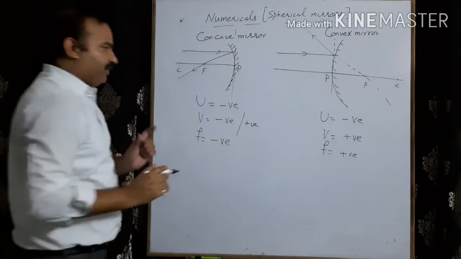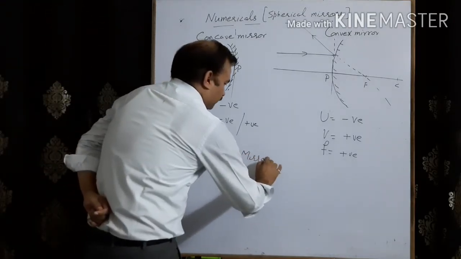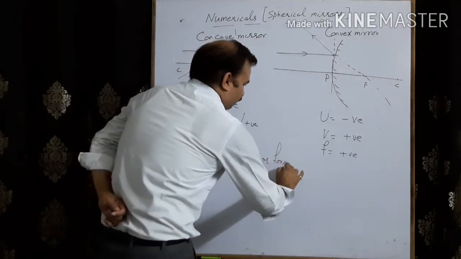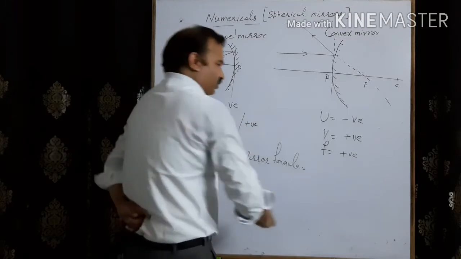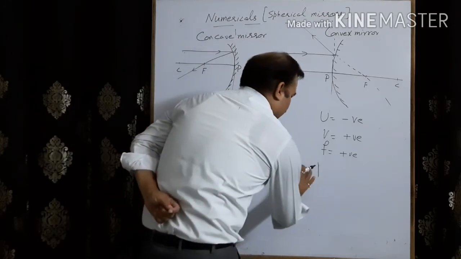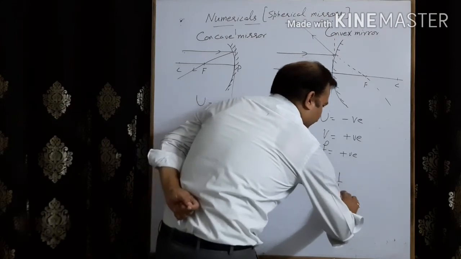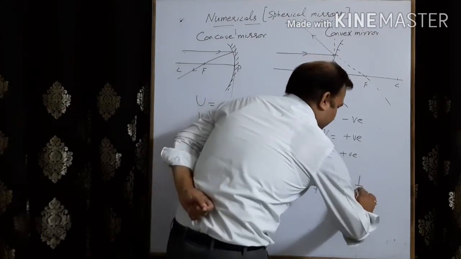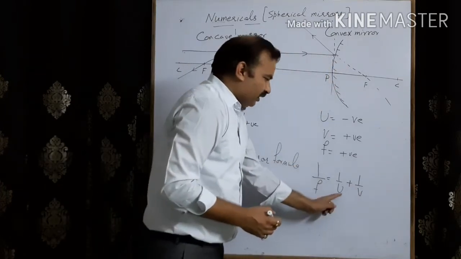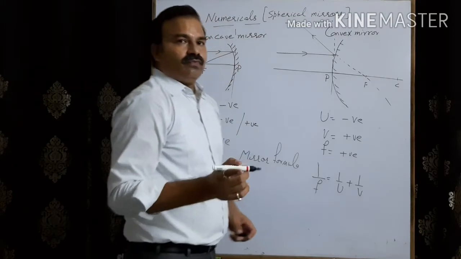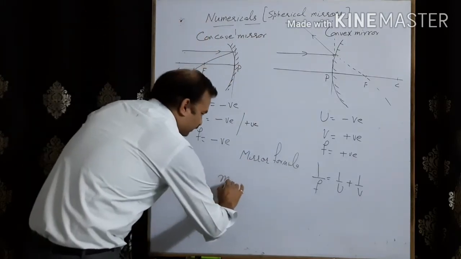Now comes the mirror formula. The mirror formula, for both, is 1 by F equals 1 by object distance plus 1 by image distance. 1 by F is equal to 1 by U plus 1 by V. Now this is the formula for the magnification.